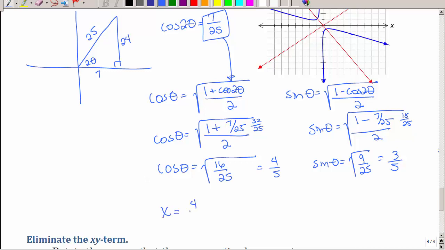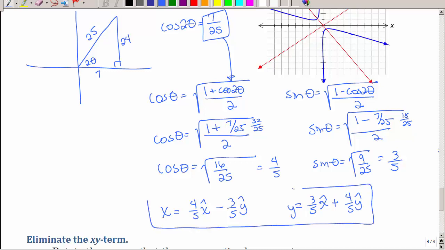Remember, we start with cosine, and that's easy to remember. X goes with cosine. We have to remember that it's minus. And then y goes with sine, and it's plus. And there you have the exact value for the rotation.